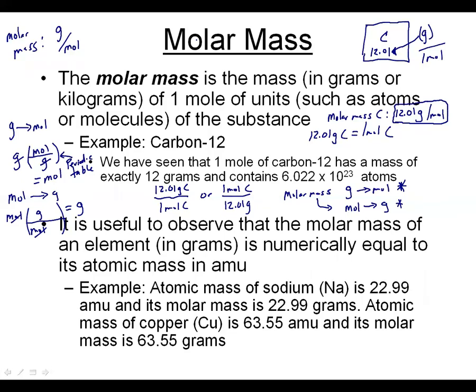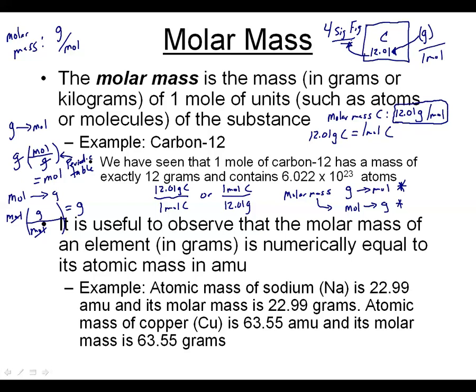So typically when we pull a number off the periodic table for molar mass, we take 4 significant figures. Depending on your periodic table, you may have a lot more numbers there. You may have a little bit less, but typically the general rule is when you pull the molar mass of a substance off the periodic table, or you're trying to calculate the molar mass of a substance, you take 4 significant figures.